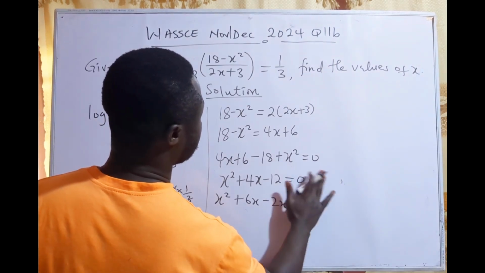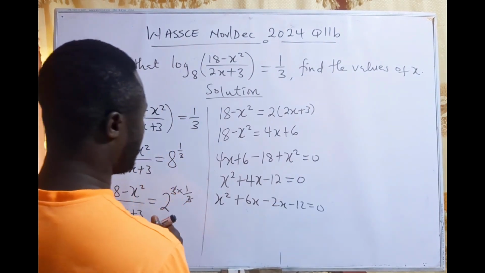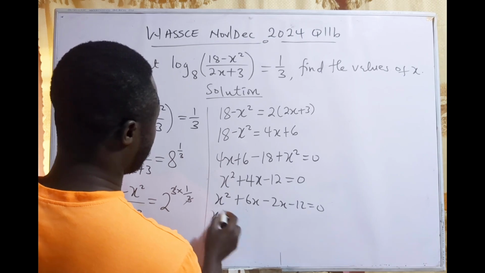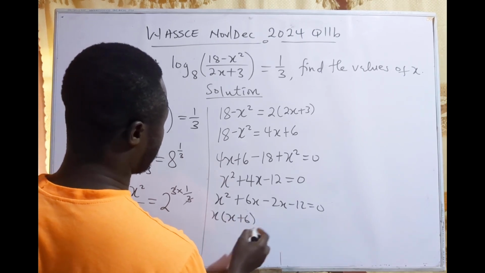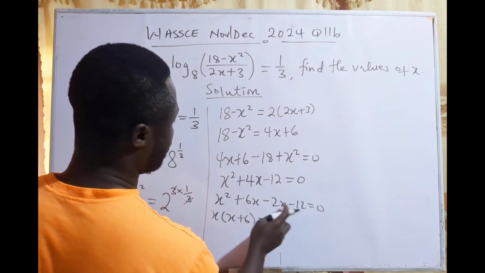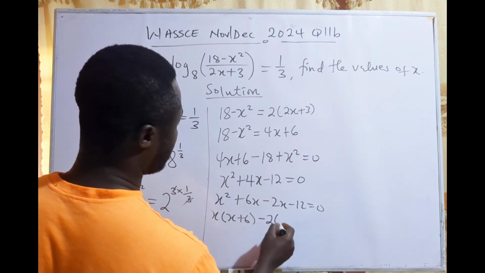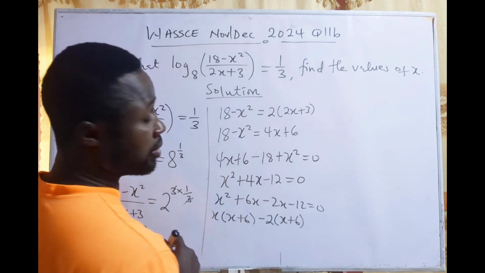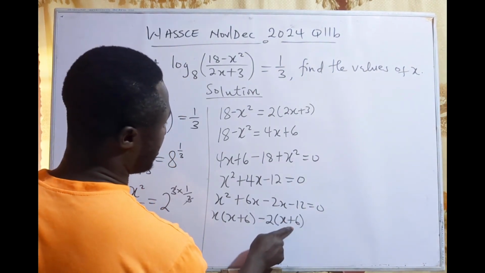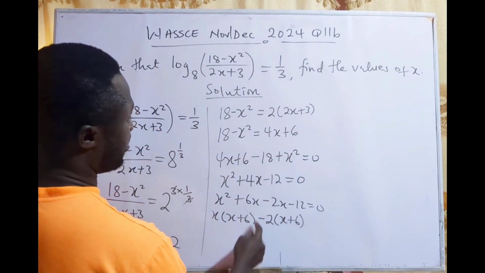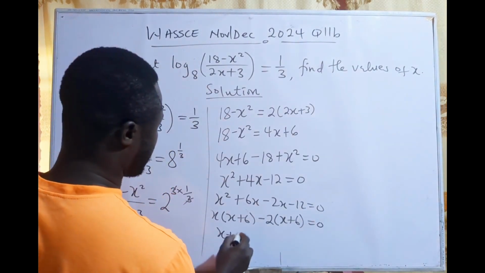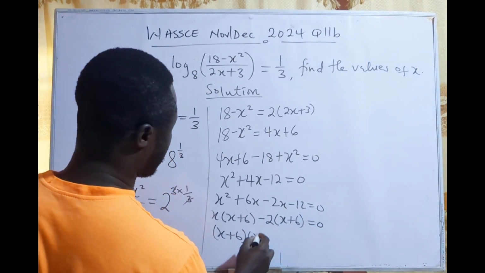When I factor, I have s out, then s plus 6, minus 2, and then 2 also comes out, and I have s plus 6. Here it is minus, and I'm putting it into brackets, so the negative will become positive, so that when I expand, I get the same thing, equal to 0. So I have (s plus 6) and (s minus 2).